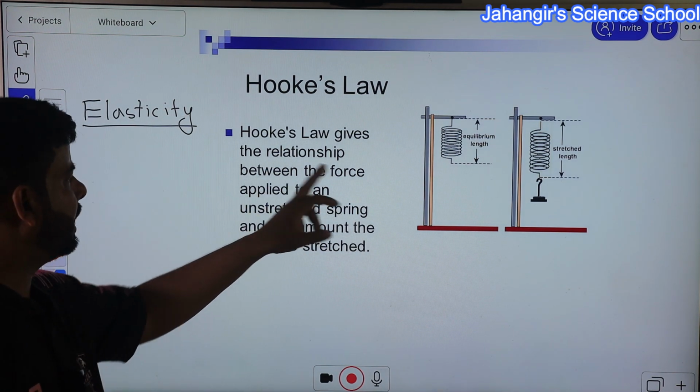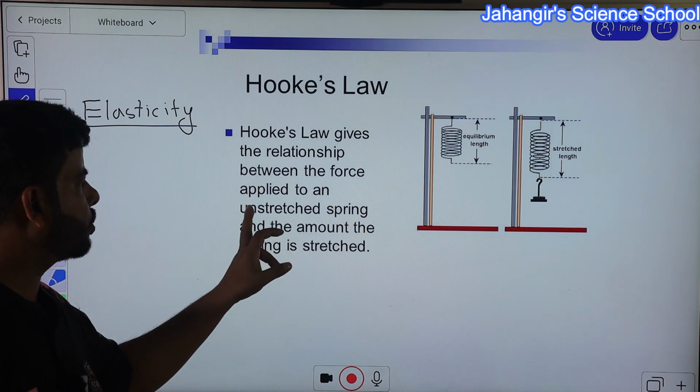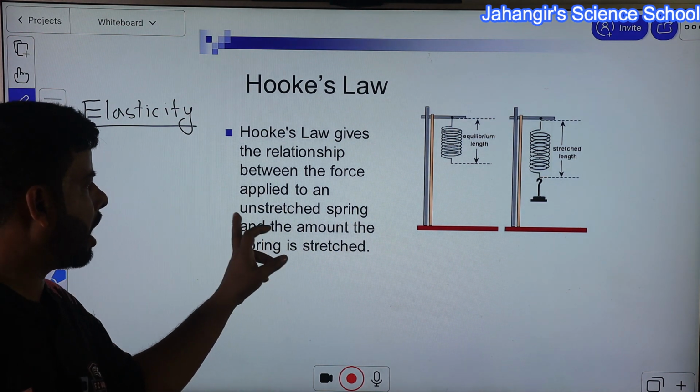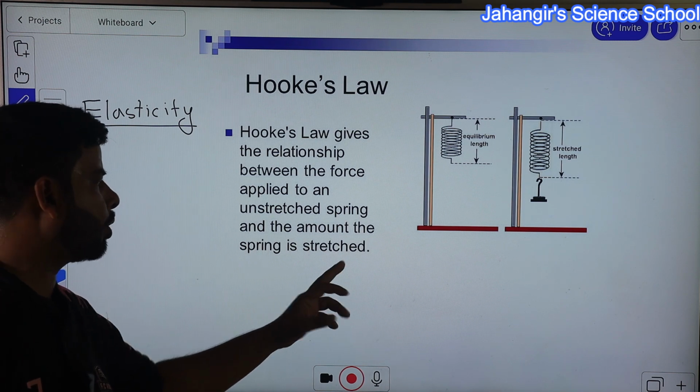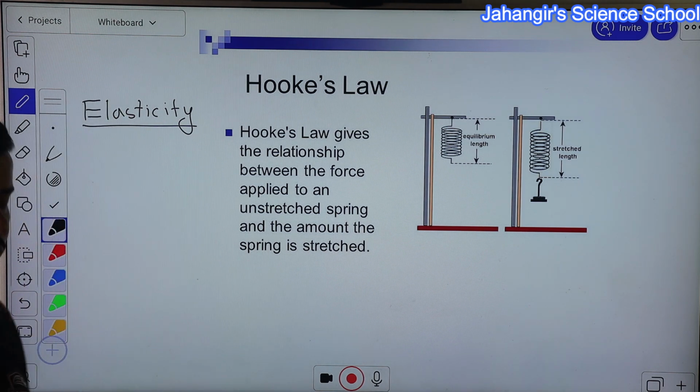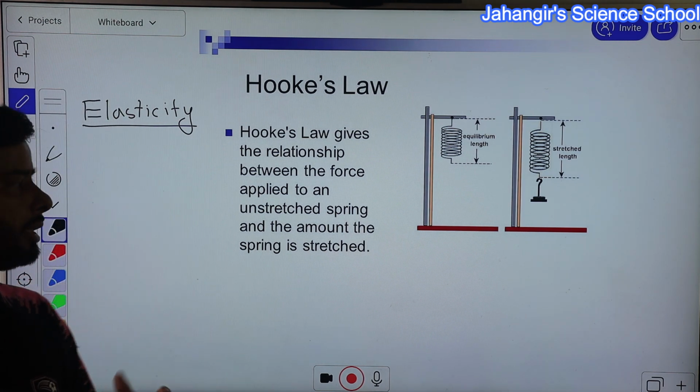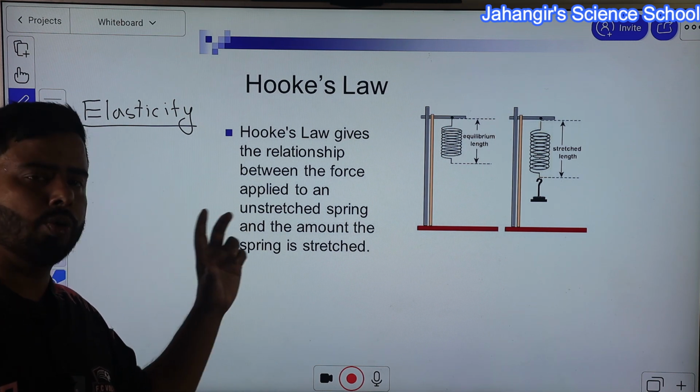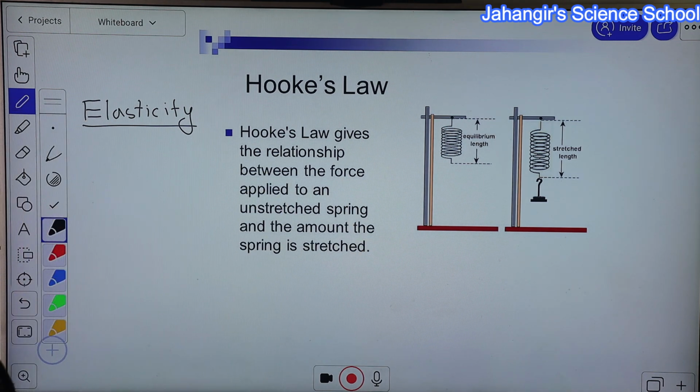Hooke's law gives the relationship between the force applied to a spring and the amount the spring stretches. Within elastic limit, elastic force is directly proportional to extension.